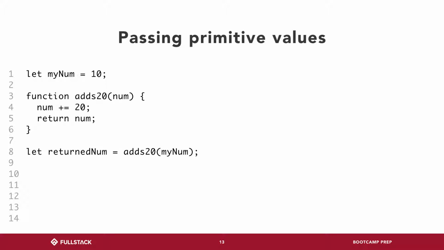Because we invoked it with mynum, which was equal to 10, inside this functional scope num is known as 10. Then we say num plus equals 20. So we look up num in our deepest scope, the functional scope, and we find 10. We increase it to 30. And now on line 5, we return num, which is currently 30. So this over here evaluates to 30.